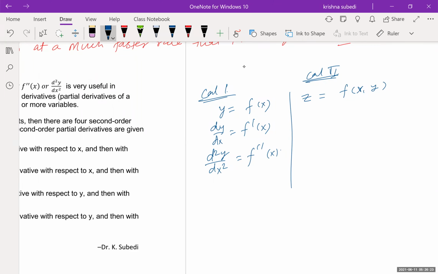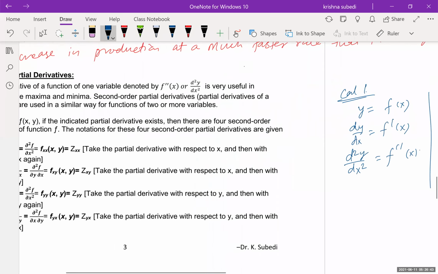So delta z over delta x will be f sub x. We know that. And we want to find the second derivative of this as well. There will be 4 second order derivatives for this, by the way. And we'll look into that in a minute.